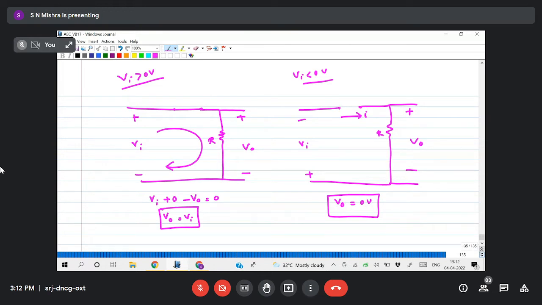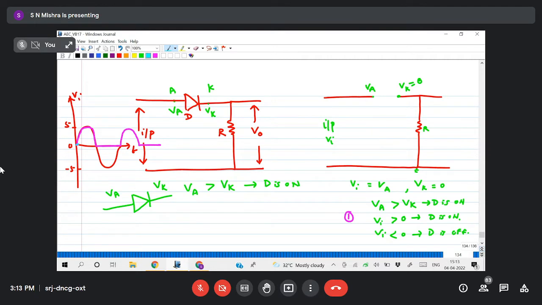Sir, please say the waveform once again. See, whenever Vi is greater than 0, what is my output voltage? Vi. Yes sir. Now look here, this point is more than this, which means Vi is changing from 0 upward. So whenever it moves from 0 to more than 0, the output voltage will change as the input voltage.